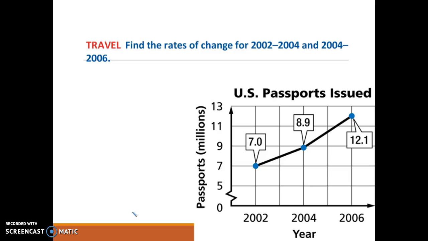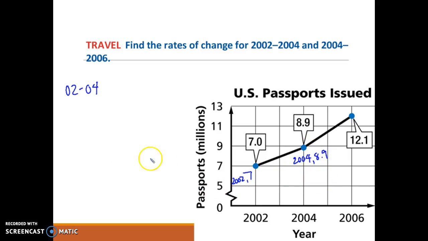Okay, for this one, I want to find the rates of change for 2002 to 2004 and 2004 to 2006. So if I start with 2002 to 2004 and look at my points here, I'm at 2002, 7, and then up here, 2004, and it's telling me it's 8.9.